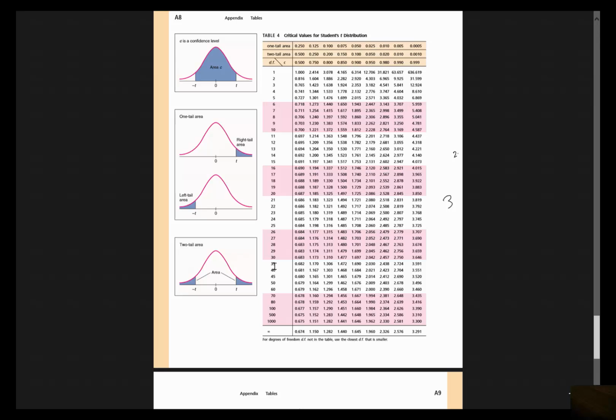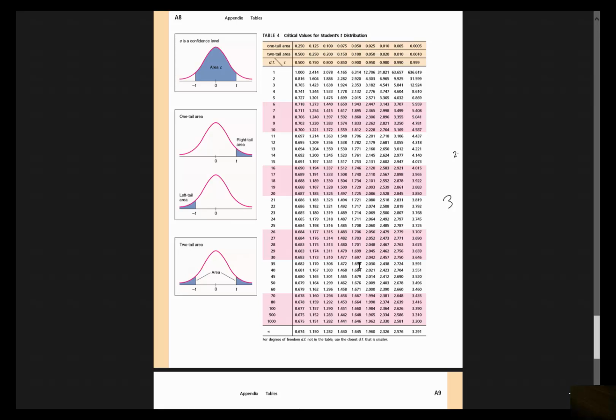Whatever you need is not there, you always go down. So you have to use 35. Use this row, 35. And then 90% is right here, so the value should be in this column, right? 90%, so this should be the one, right?